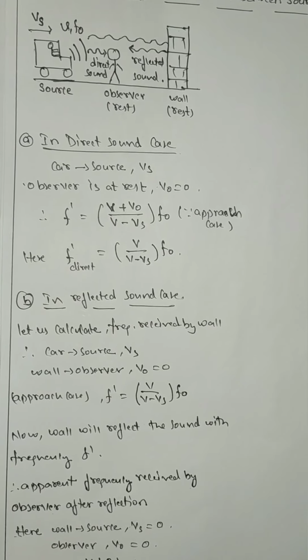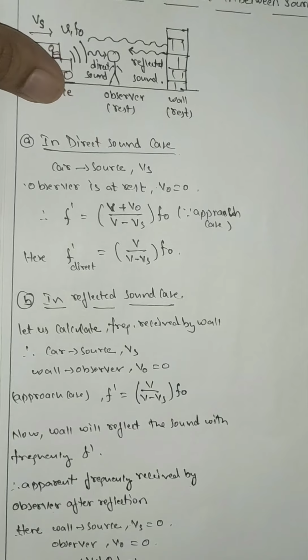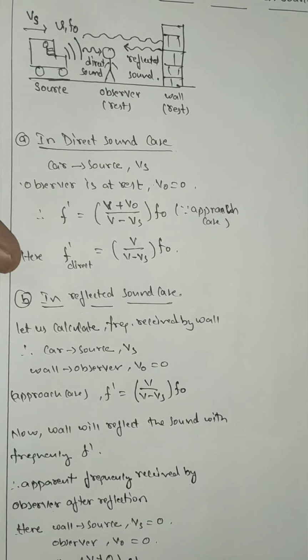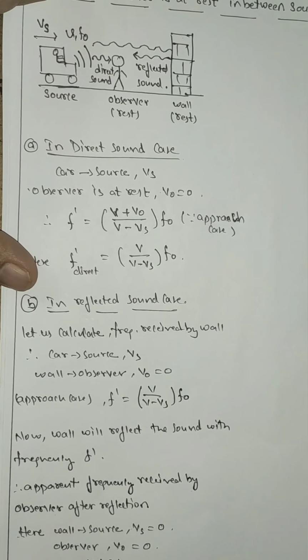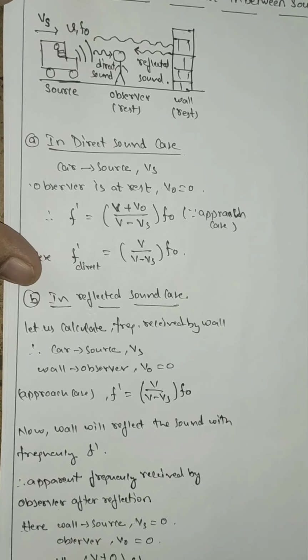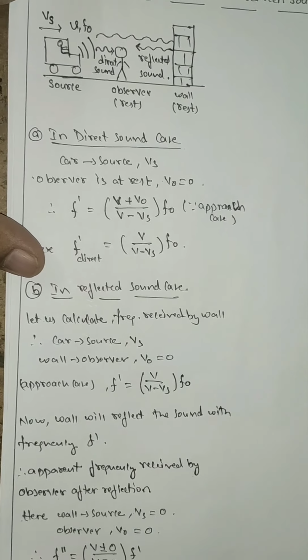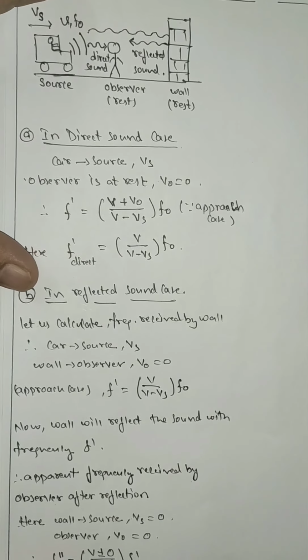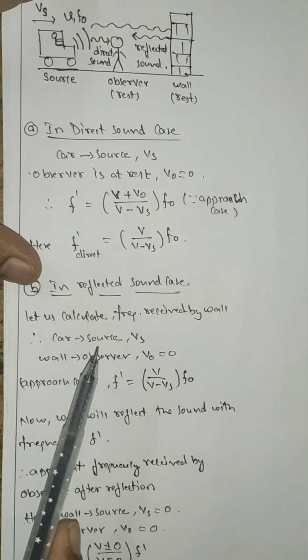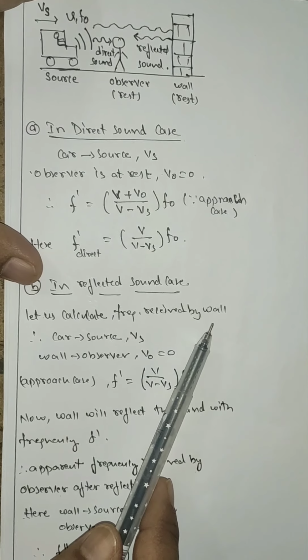Okay, now we have to calculate the frequency of sound received by the observer after reflection. After reflection means we have to first calculate the frequency emitted, or rather reflected, by the wall. So for that, let us first calculate the frequency received by the wall.